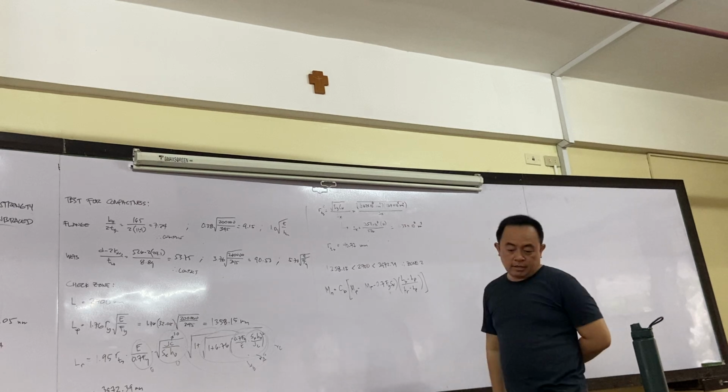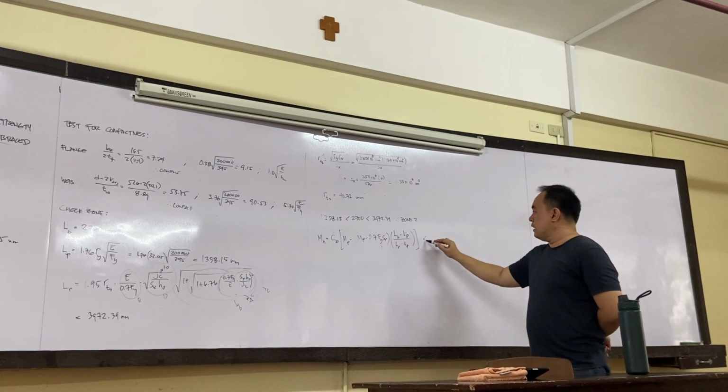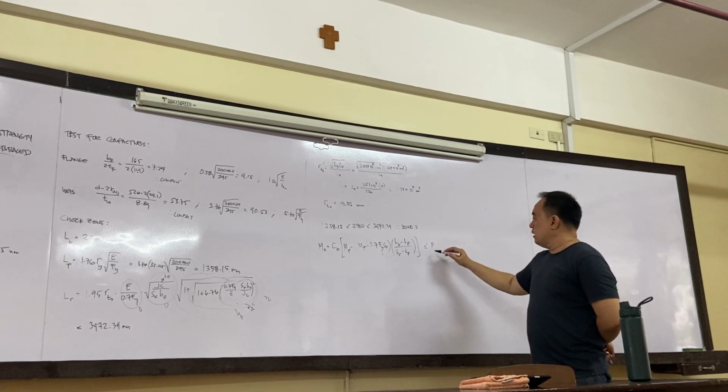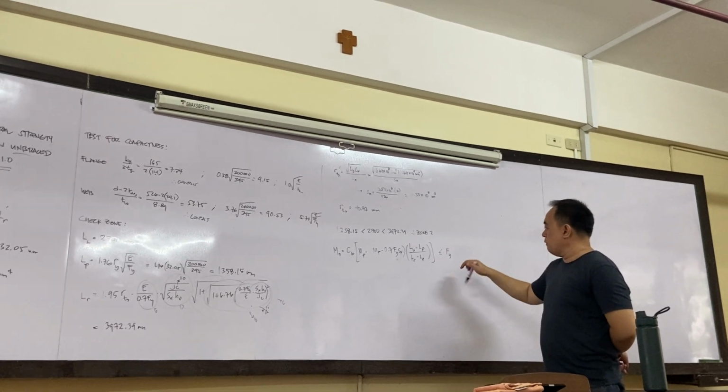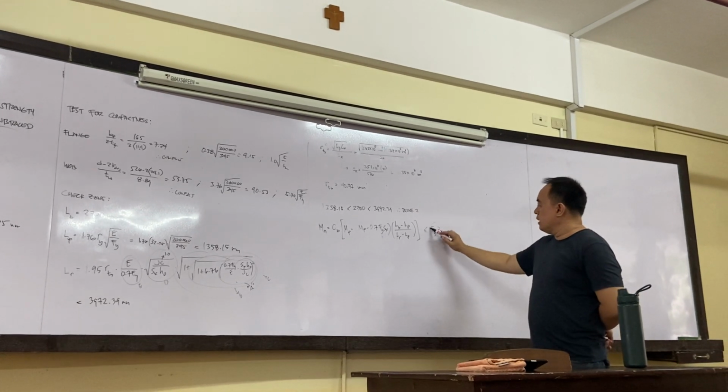Okay, but the entire thing should not be greater than your FY times CX, which is your MP.